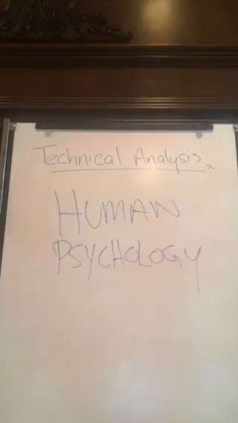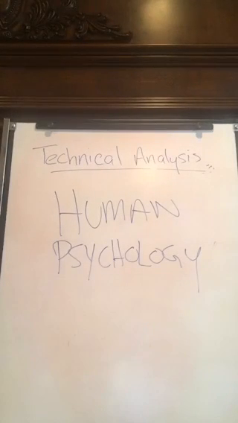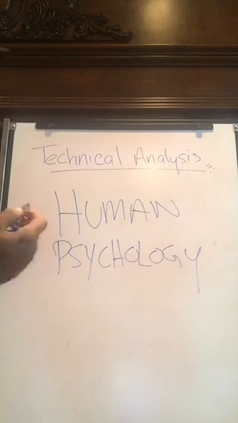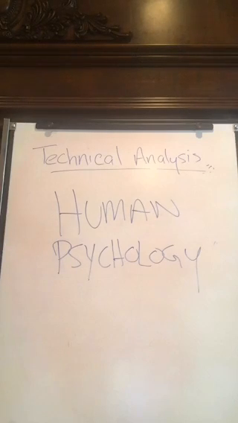What does that say? What does that say? You are the indicator. You are the indicator. There's no such thing as technical indicators. There's no such thing as a retracement level.